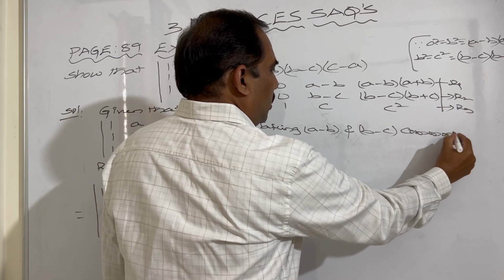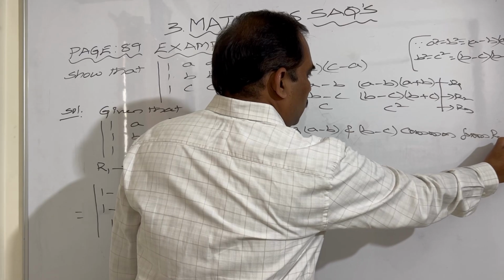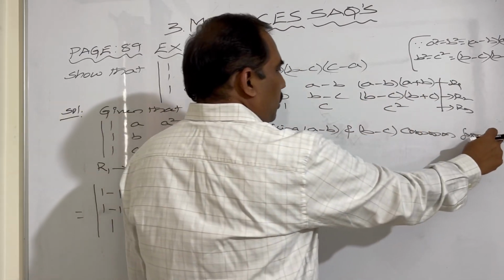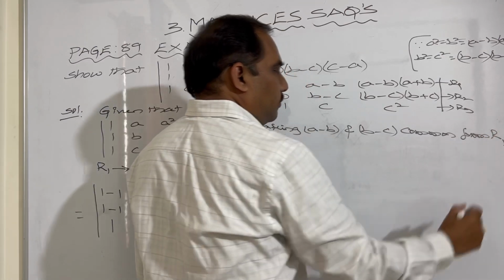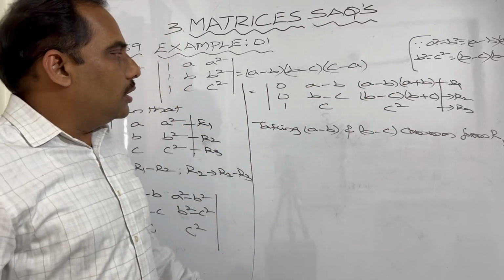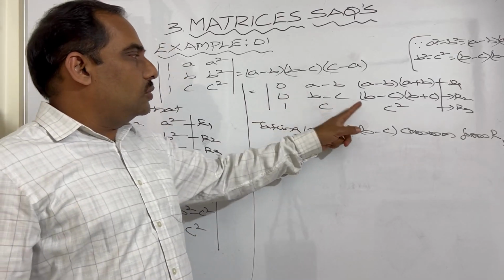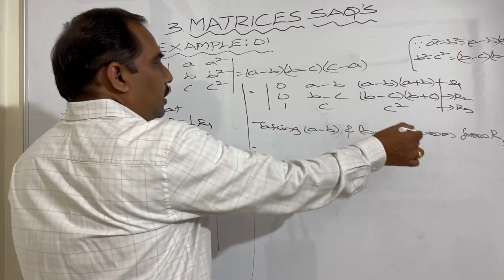In R1 we have a minus b common, and in R2 we have b minus c common.